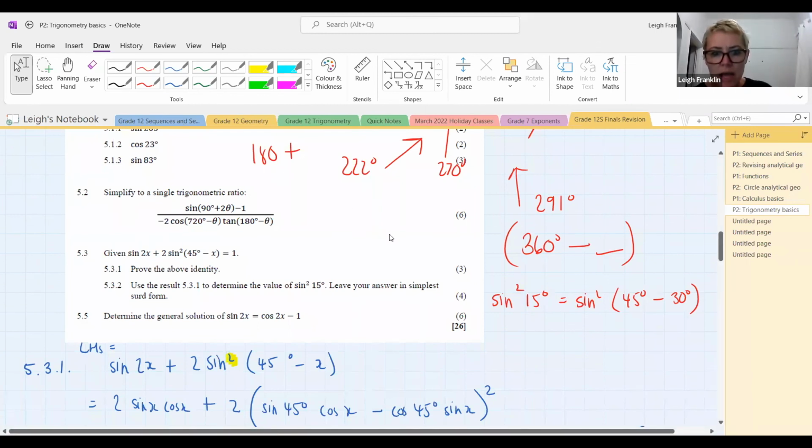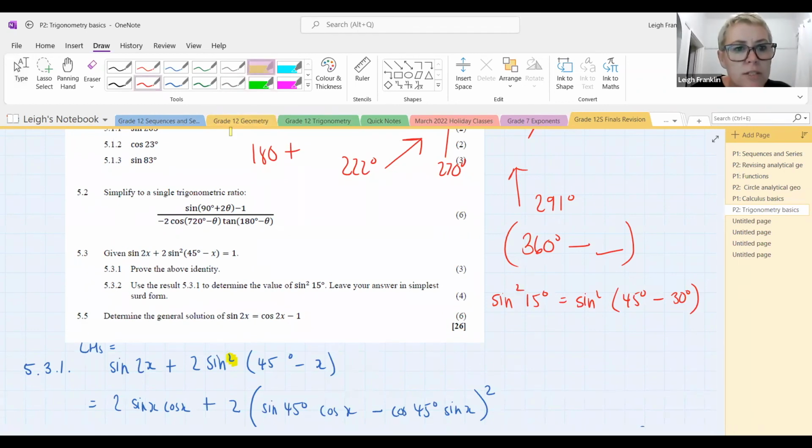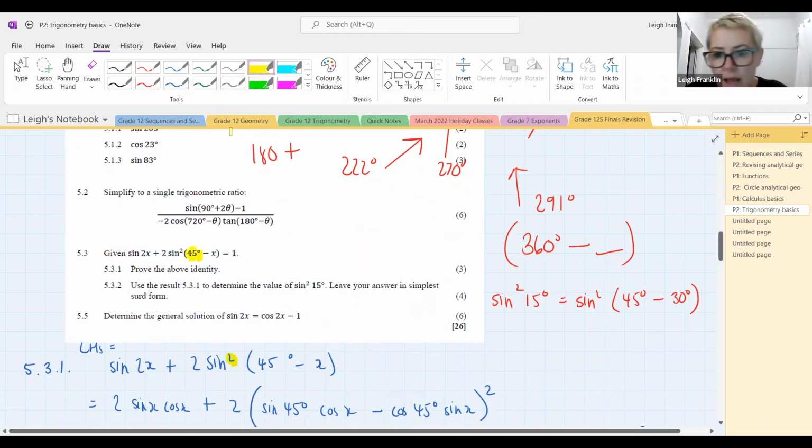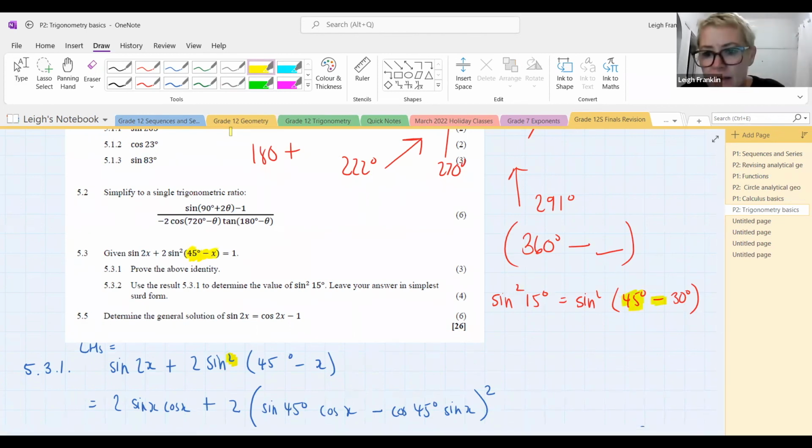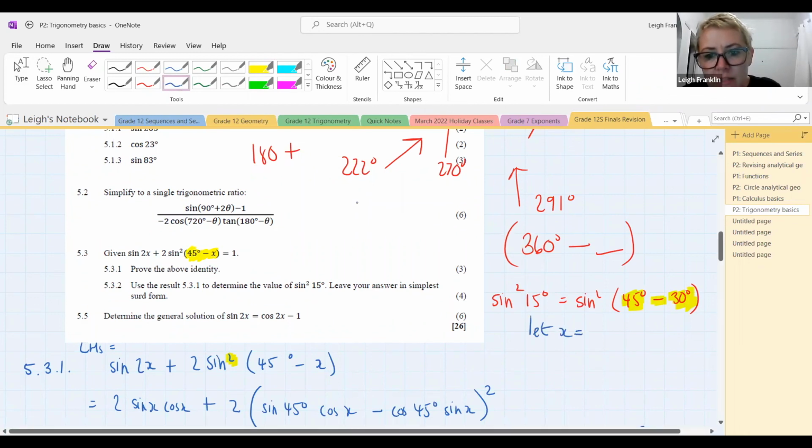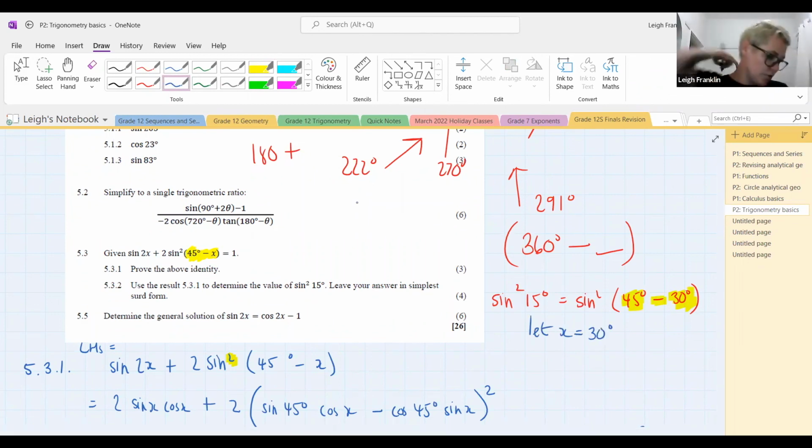Here we've got the 45 and the 45 and the minus, and there's the x. So we're letting x be equal to 30 degrees in this particular case. This is really out the box.